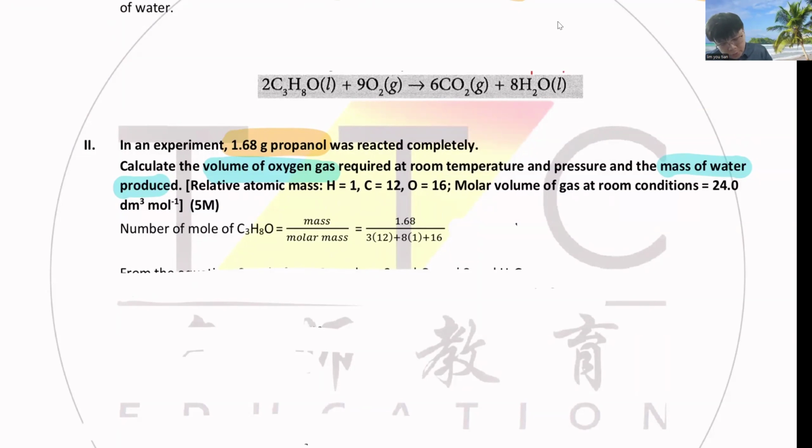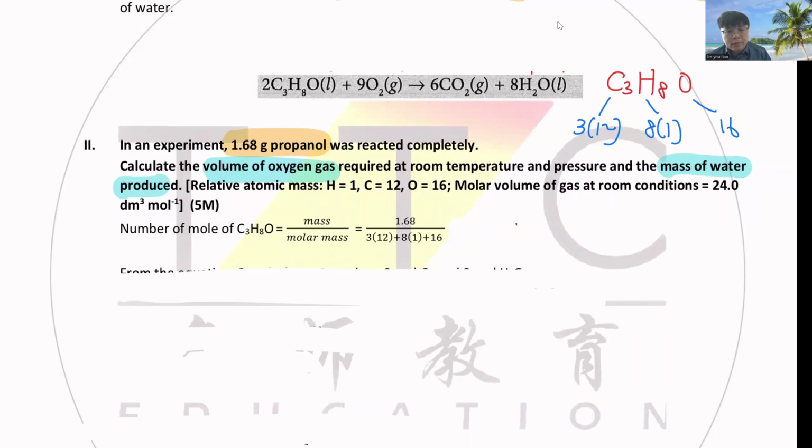So C3H8O. C is 12, hydrogen is 1, and oxygen is 16.